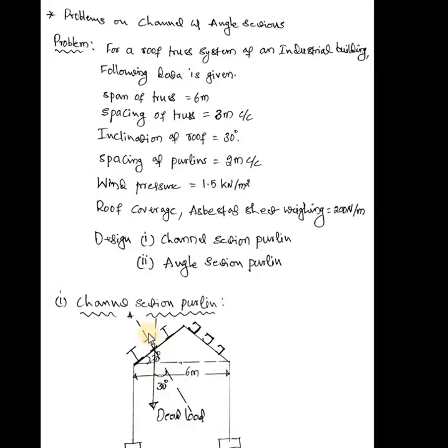This is horizontal to the earth, this is the bottom chord. If you take a free body diagram, then from the gravity force you get P cos theta and P sin theta. Due to wind load, that wind load is completely normal to the axis, so directly you can take. Here the gravity load is based on the live load as well as the sheeting.